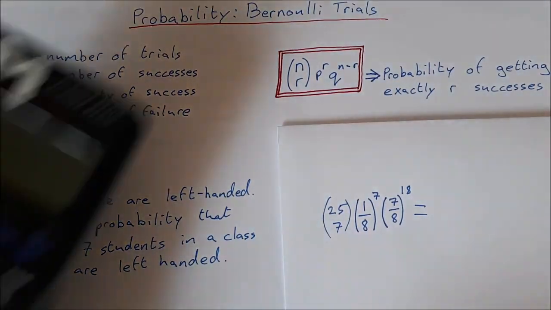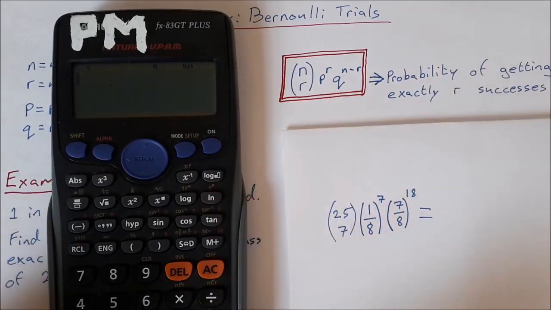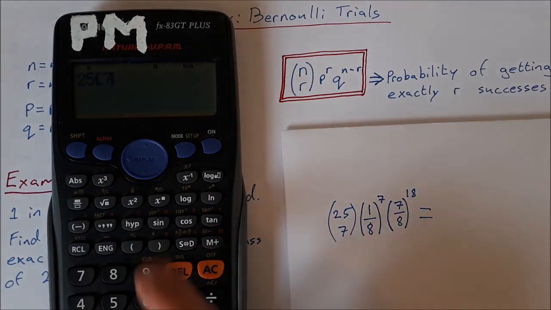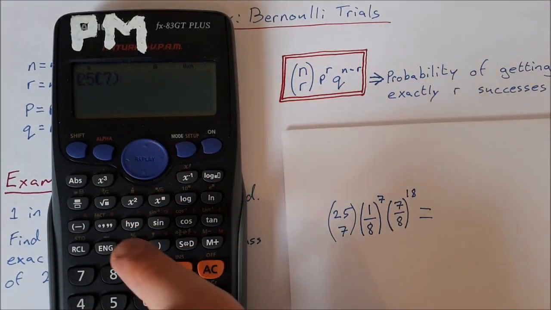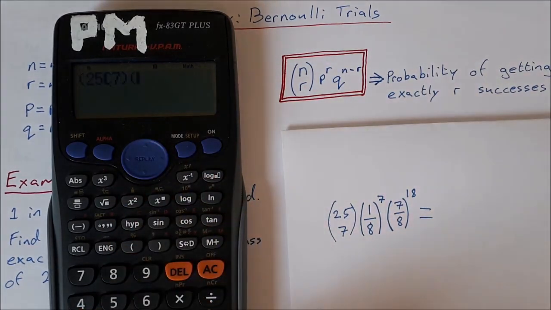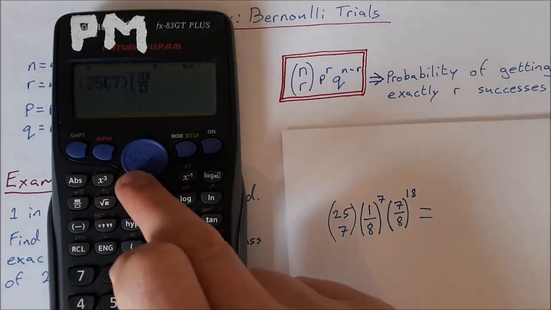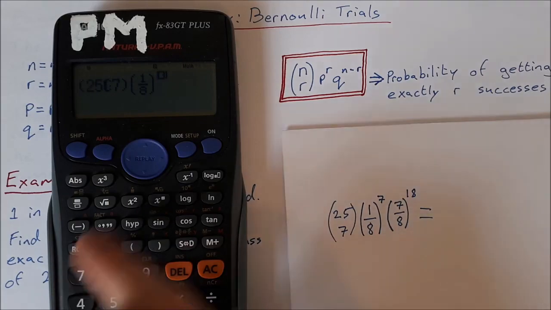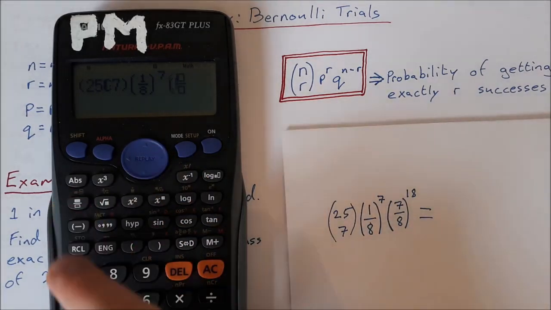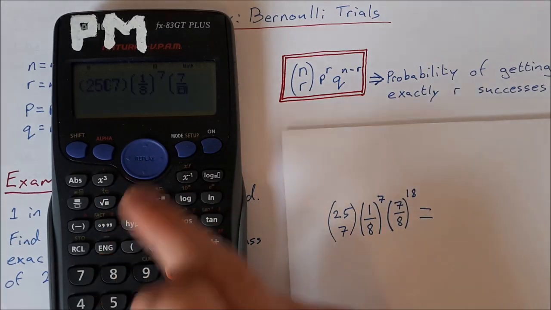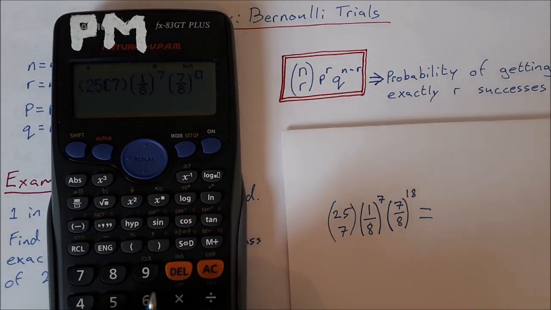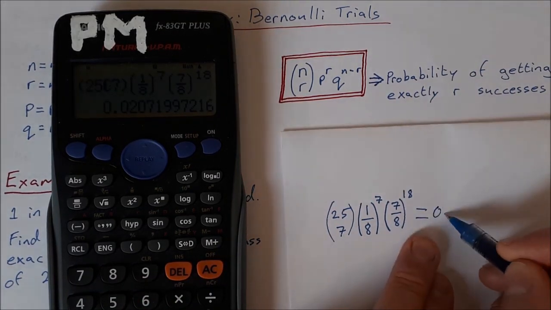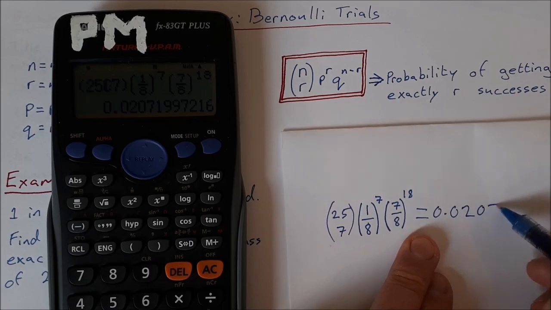We get our calculator. So 25 choose 7. I'm going to put that in brackets because I'm multiplying everything, times 1 over 8, and that's to the power of 7, and then times 7 over 8, and that to the power of 18 equals, and we get 0.0207.